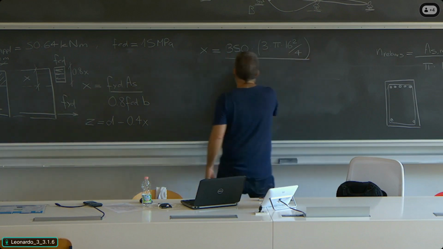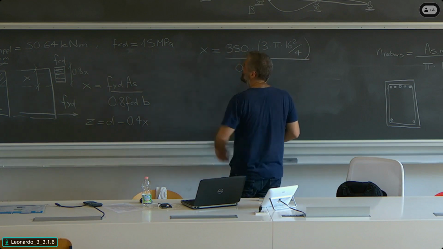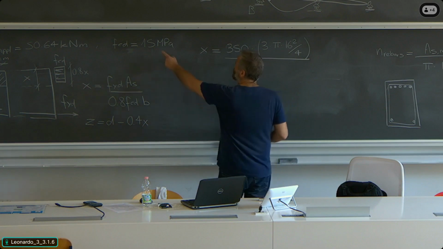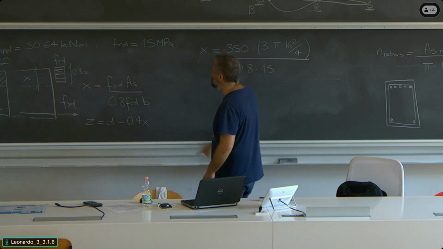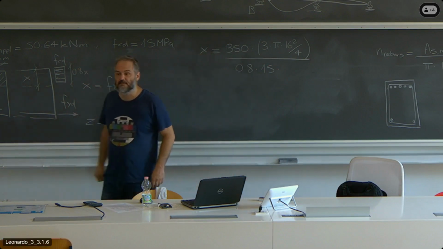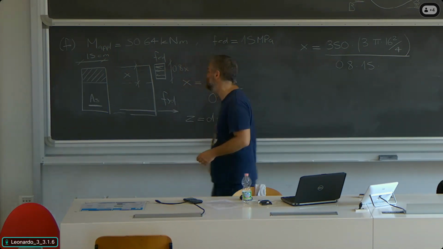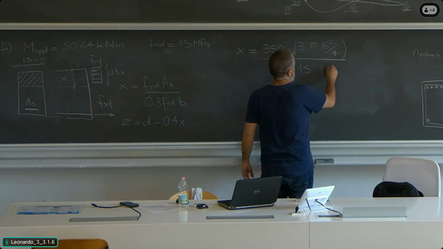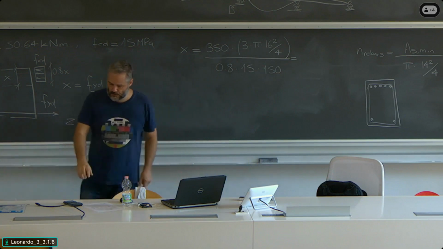Divided by 0.8 fcd, compressive strength of the concrete, 15, multiplied by b, the width of the beam, 15 centimeters, but we are going to transform it into millimeters in order to be consistent with all the other quantities: 150. This yields a neutral axis depth.